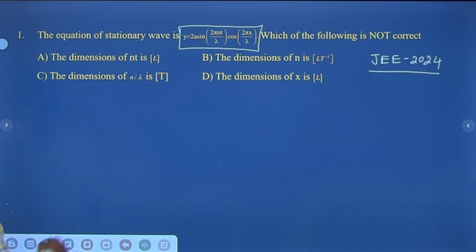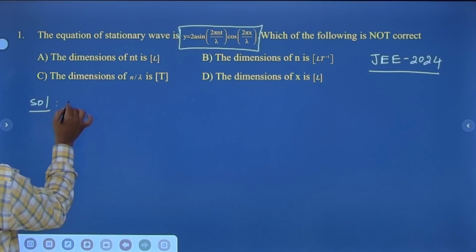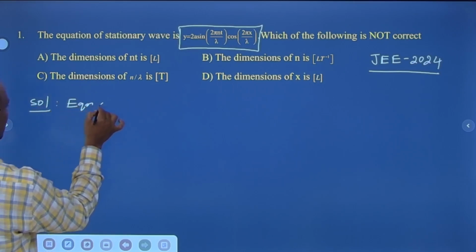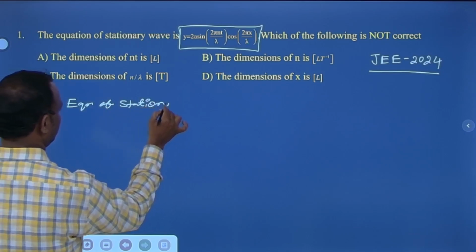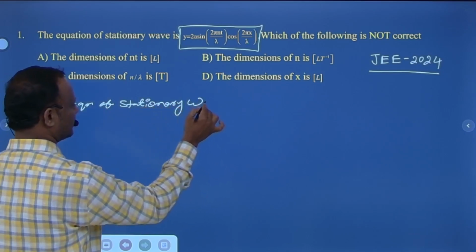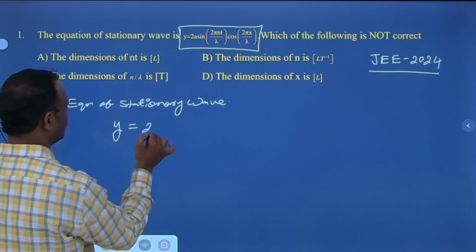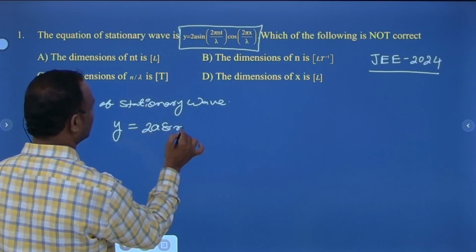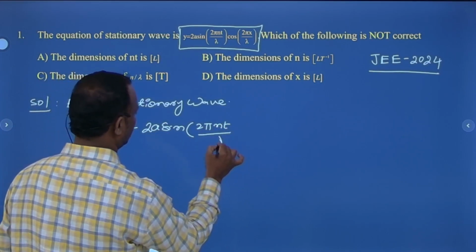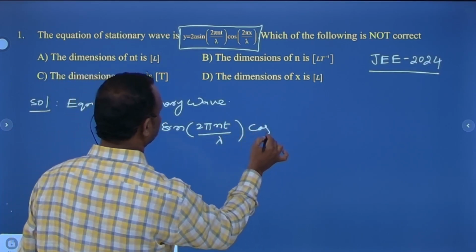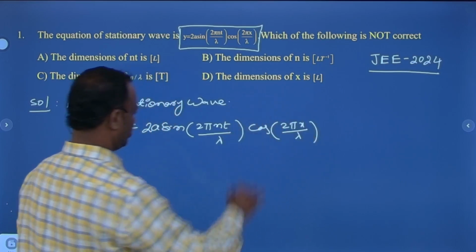First, let me write the equation of stationary wave: y equals 2a sine(2 pi nt by lambda) cos(2 pi x by lambda).